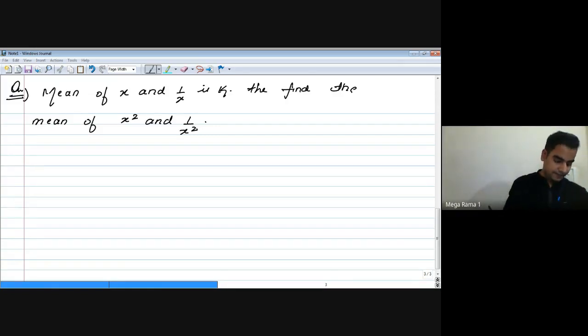Okay, Ashwin. I will confirm Ashwin in a second. Let everyone attempt it first.